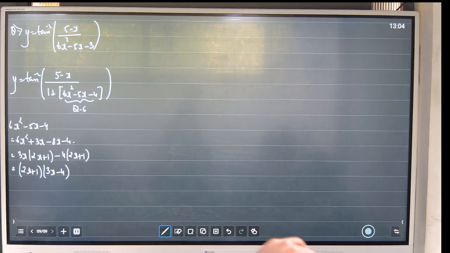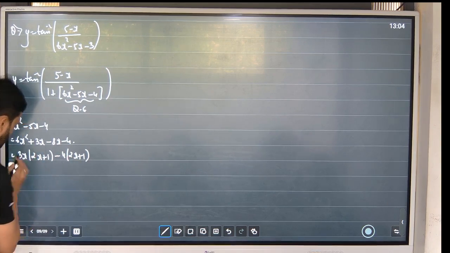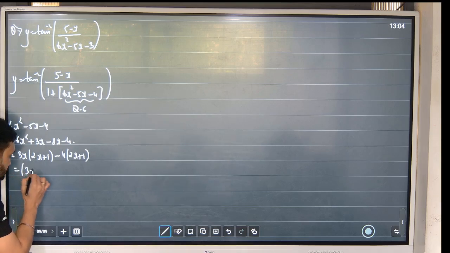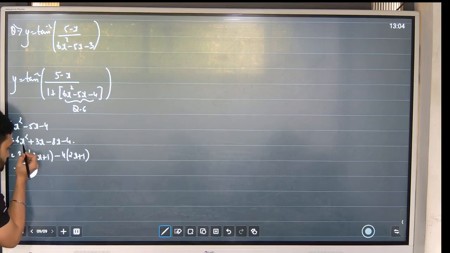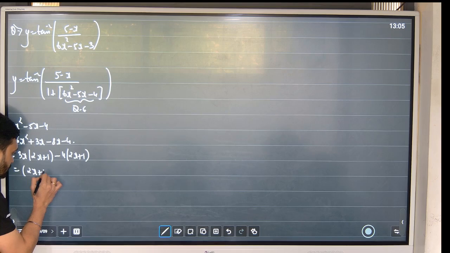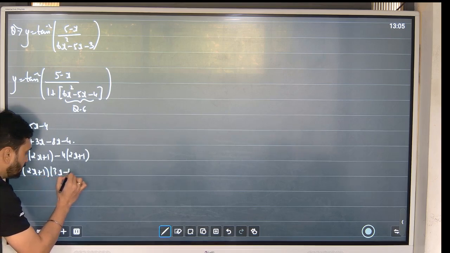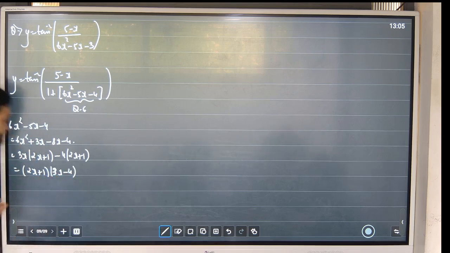Did you guys understand this? Any doubts here? Now, as you guys said, (2x plus 1) and (3x minus 4). Let's write it like this. So the denominator is sorted, the denominator is taken care of.